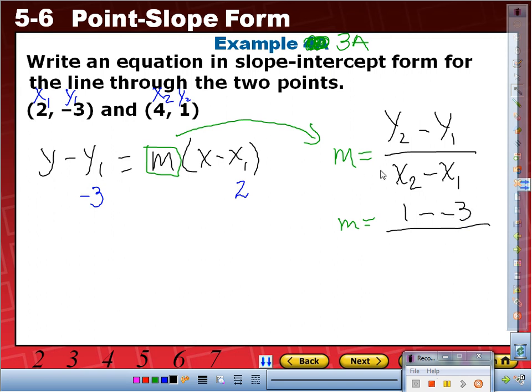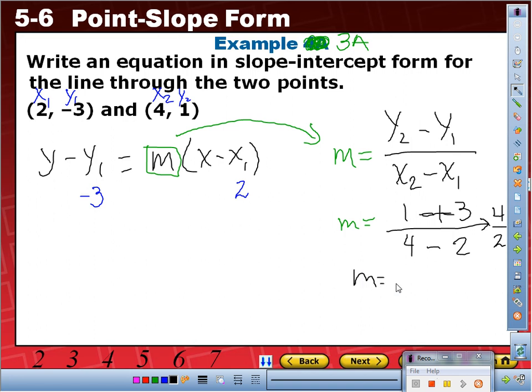Negative 3. Okay. What is x sub 2? 4 minus, what is x sub 1? 2. So let's see. What is negative times a negative right here? Positive. So let's simplify this. What is 1 plus 3? 4. What is 4 minus 2? 2. So what is my slope? 2, which is 2 over 1. I'll leave it at 2.